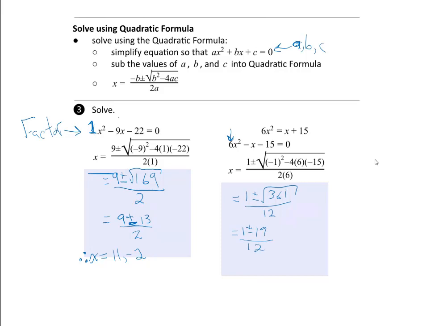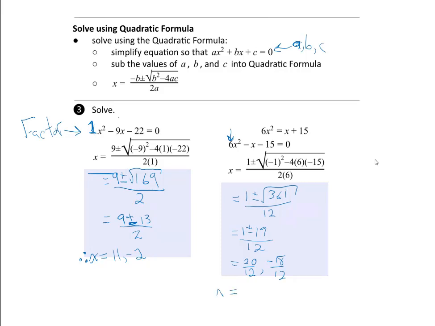So 1 plus 19 over 12, that'd be 20 over 12, is one of our roots. And then we also have 1 minus 19 over 12, which is just negative 18 over 12. Then you need to reduce these down.